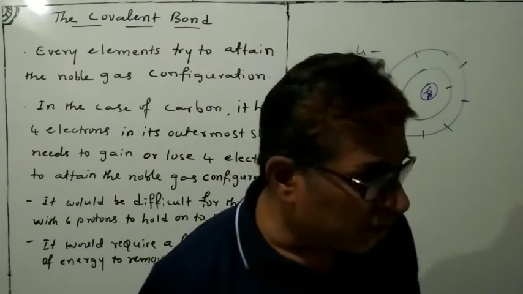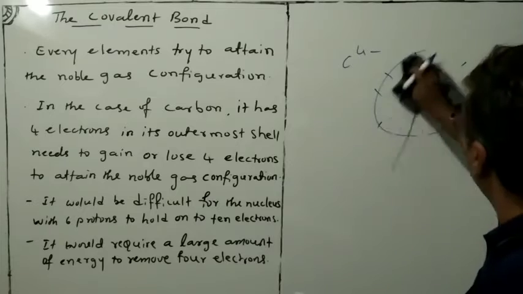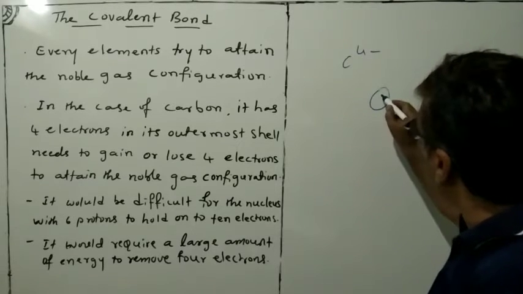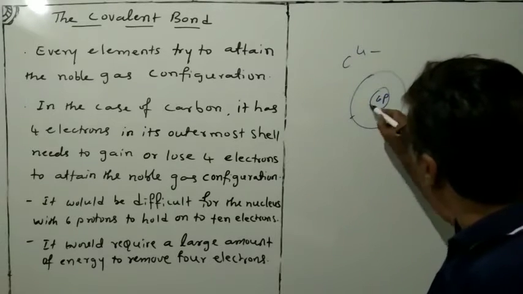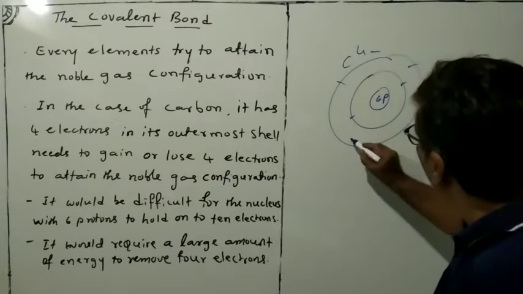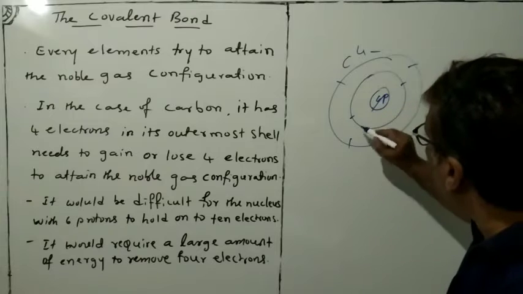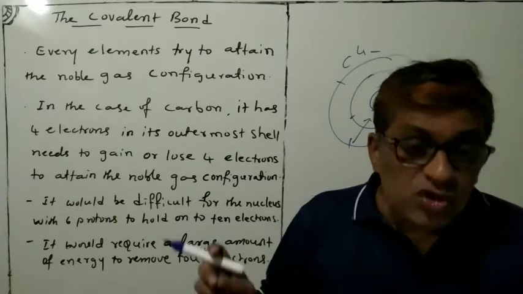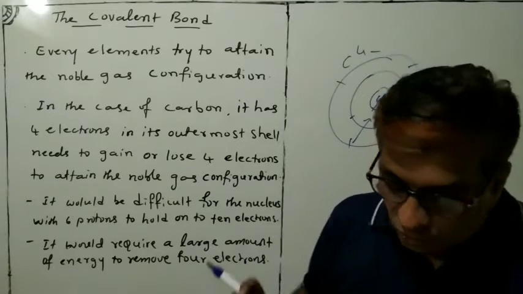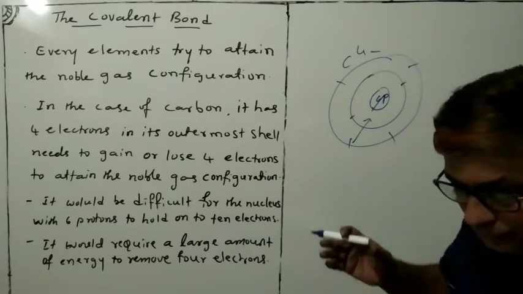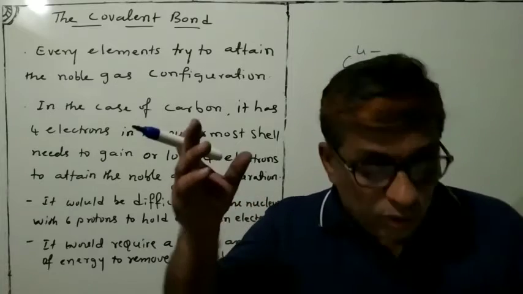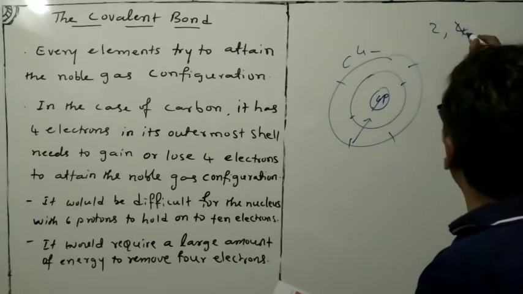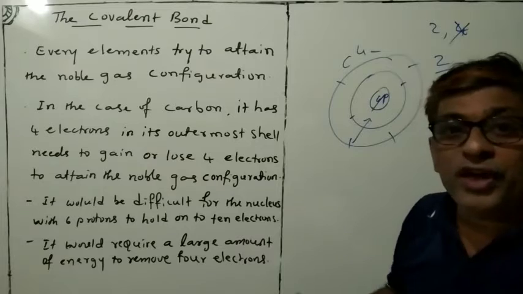You know that carbon is a small atom. Here the nucleus has 6 protons, here 2, and here 4. The nucleus is positive and the electrons are negative. Carbon's size is small, so the force of attraction between the nucleus's positive charge and the electrons' negative charge is very strong.